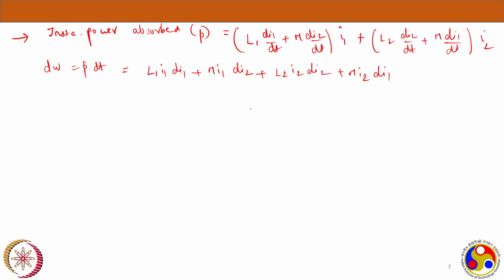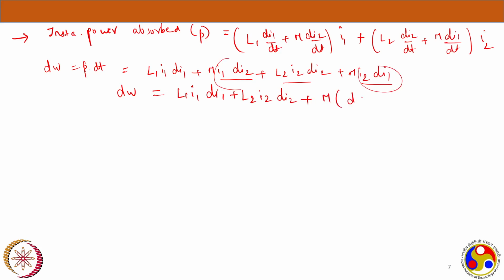Now we know in mathematical notation, I1 di2 plus I2 di1. You know what you call that, right? There is a mathematical formula for it. I'm just trying to simplify it. L1 I1 di1 plus L2 I2 di2, and if you take M common, this entire I1 di2 plus I2 di1 can be represented as d(I1 I2). Now this is a mathematical formula.